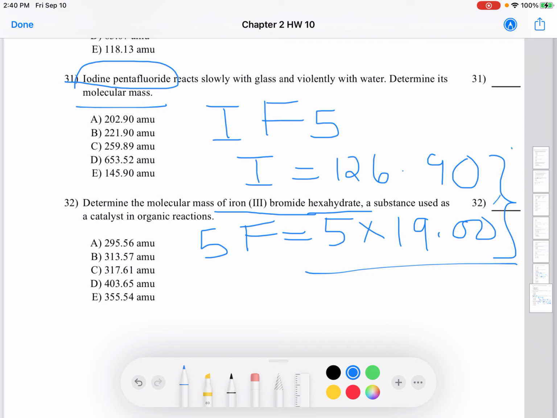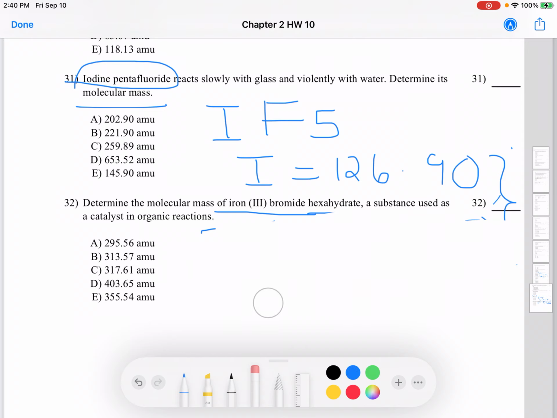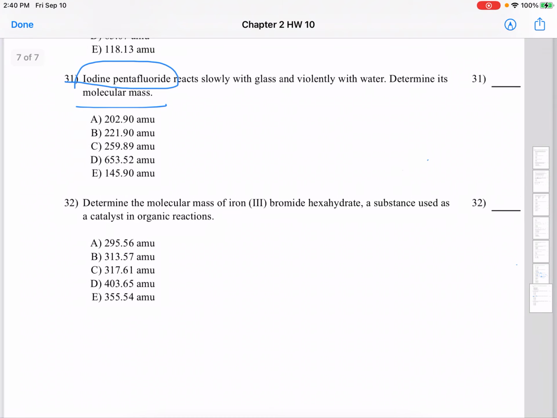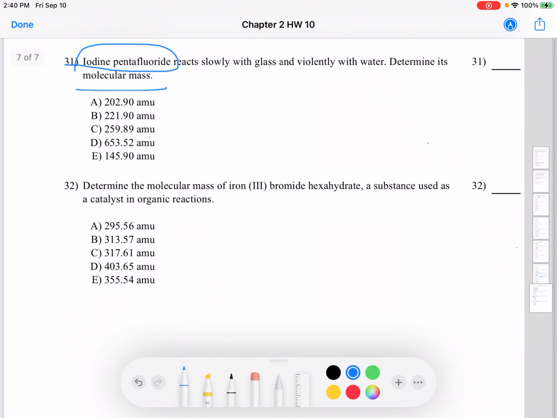Okay. Now you need to know how to write the formula in order to find the mass. So this one, iron 3 bromide hexahydrate. The element is Fe.